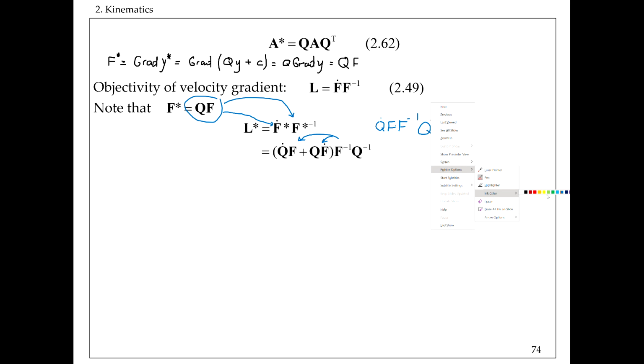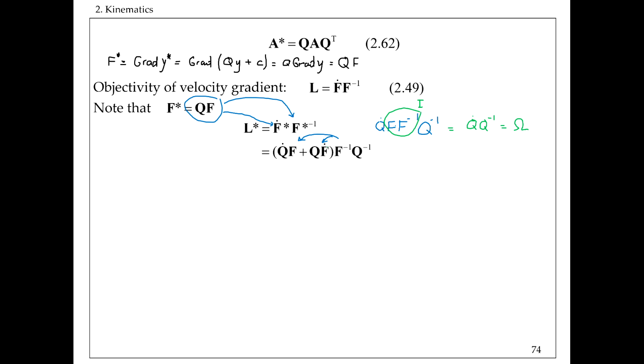Of course, this multiplication produces the identity tensor, and then applying the identity tensor on Q inverse still produces Q inverse. So the first term is nothing but Q dot Q inverse, which, as we already said, we define as the spin of the rigid body motion, omega.